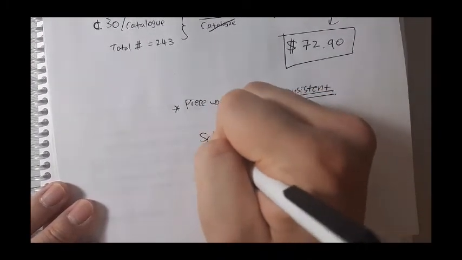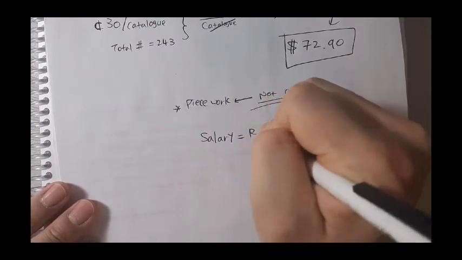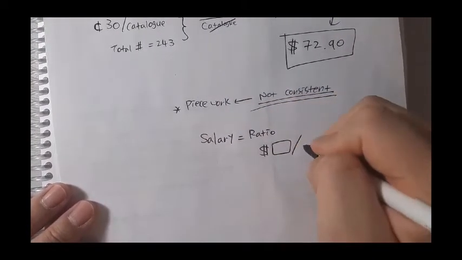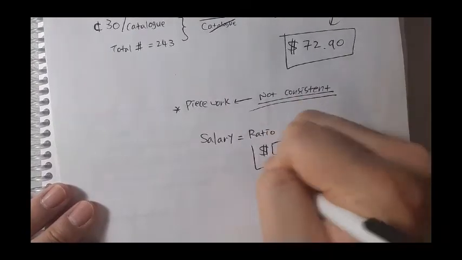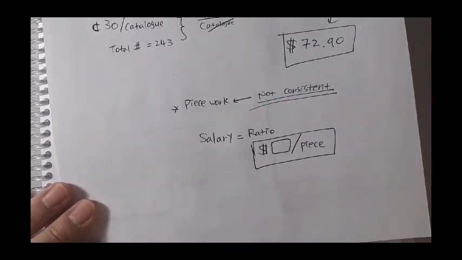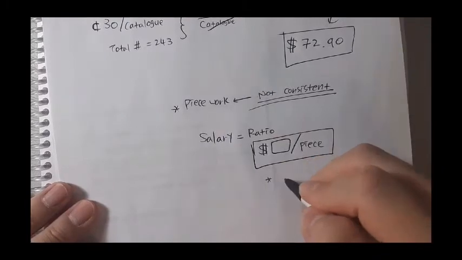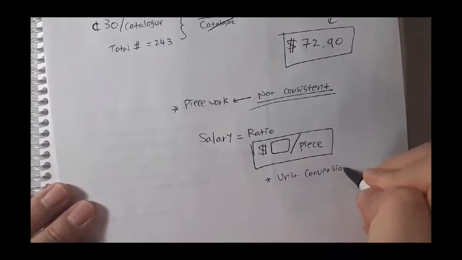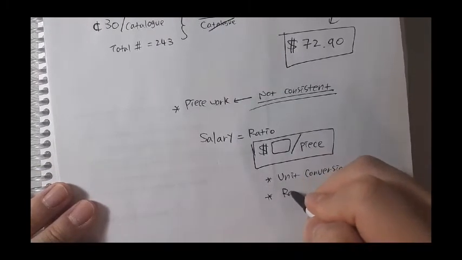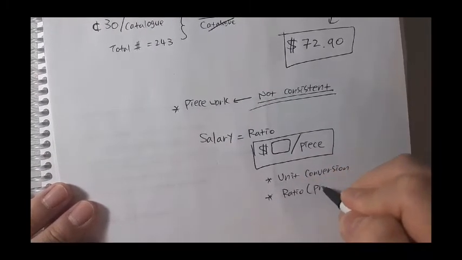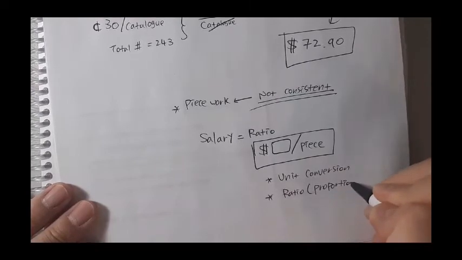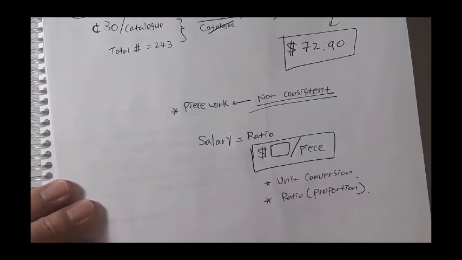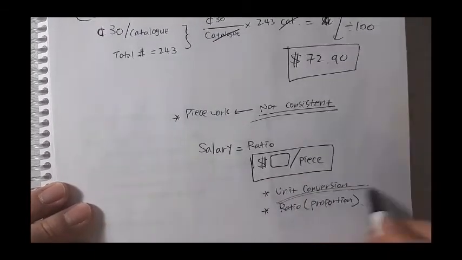So your salary is always a ratio, a ratio of how much per whatever the piece. So whether you like it or not, you need to use either unit conversion, which is what I'm going to use a lot, or ratio, proportional ratio. You can use any of the cases. Of course, my suggestion is unit conversion.